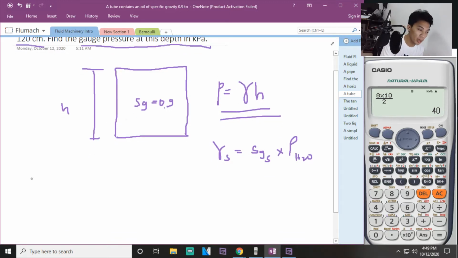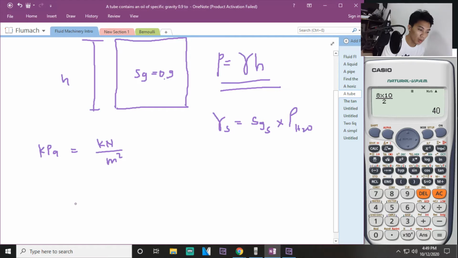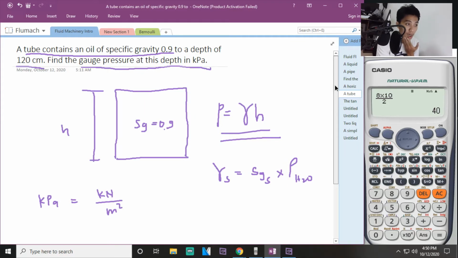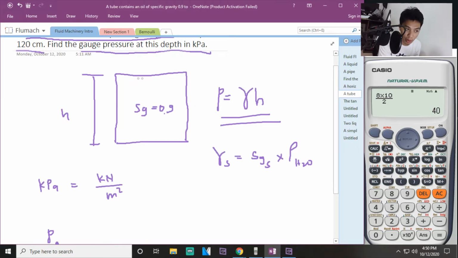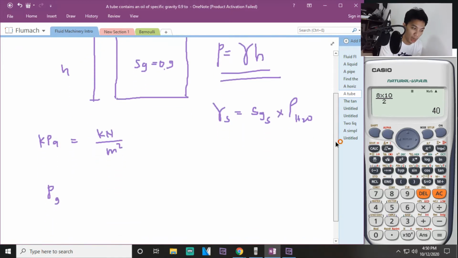Okay. Ano ba yung unit ng kPa? Di ba ang unit ng kPa equal to kilonewton per meter squared? Okay. So, the height will be 120 cm. So, the pressure gauge, wala naman yan. Sinabi, enclosed naman yan. Ibig sabihin, that will be gauge pressure na. Wala naman ditong ATM. Wala rin sinabing closed siya or open. So, we will assume that is in gauge pressure na.